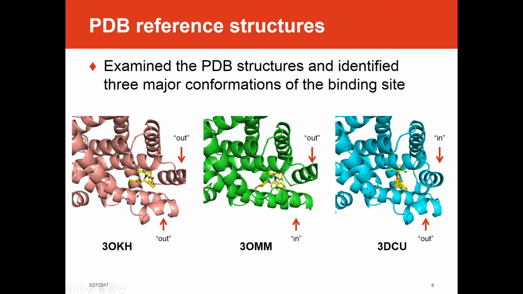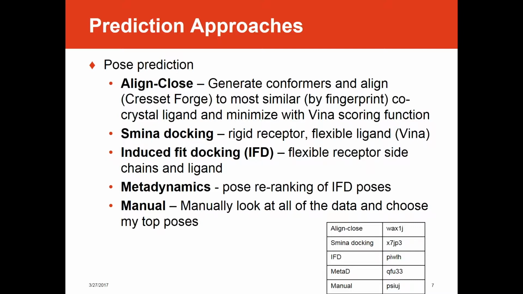If you compare that to, say, this helix here in 3DCU, where it's pulled in, the binding site is much more close. These are the 3 structures that I used throughout here, and hopefully I'll get to tell you whether or not that was a good idea.